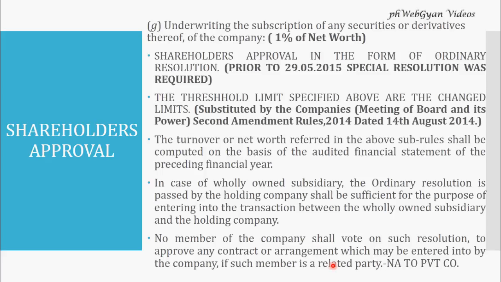Then in that case, that member will not be voting on any of these resolutions. Okay, we are talking about the resolution, so members will be voting. But if that member is the related party, then in that case, that member's vote would not be considered. Okay, so this was the exemption given to the private companies, but apart from them, this is applicable to all the companies.